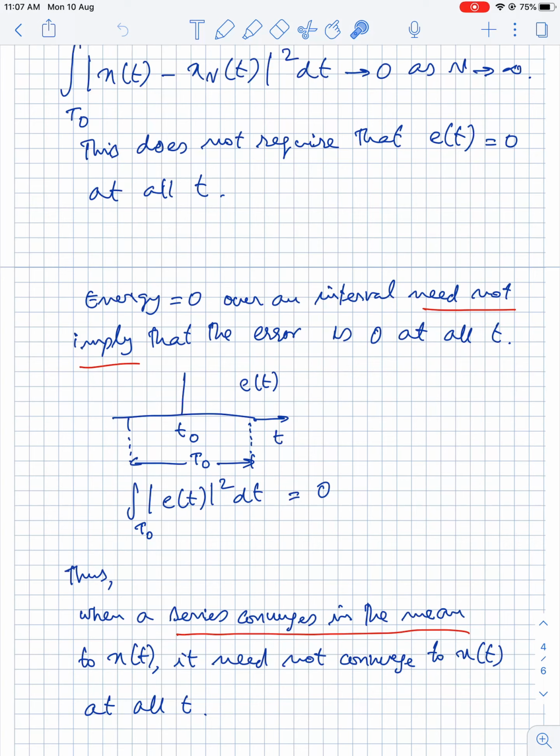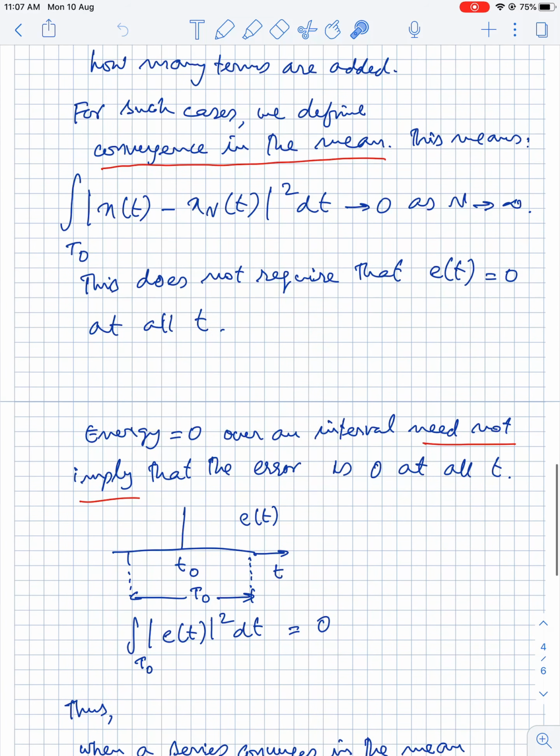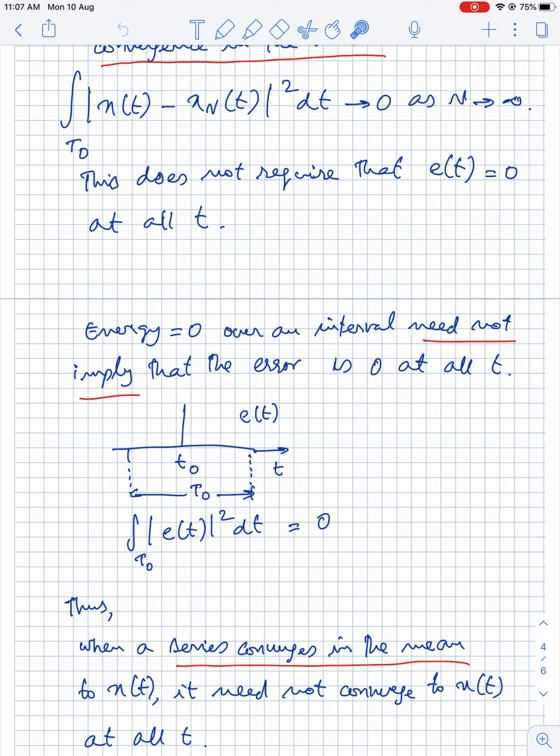So even if you have convergence in the mean, the error need not be 0 at all points. It is possible that the error could have non-zero values at isolated points, and still the series will converge in the mean. This is precisely what is happening when you represent discontinuous functions using Fourier series.